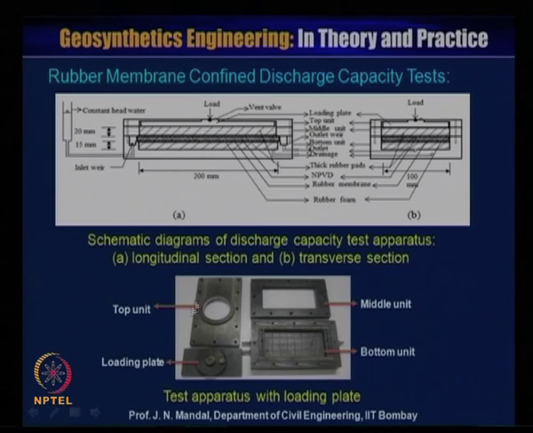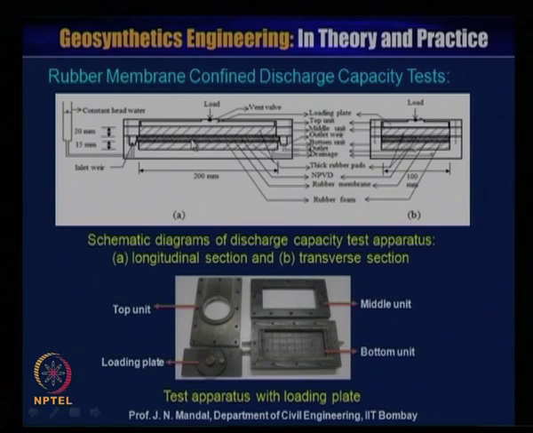And here is the test apparatus with the loading plate. This is the loading plate, this is the top unit, this is the middle unit and this is the bottom unit.